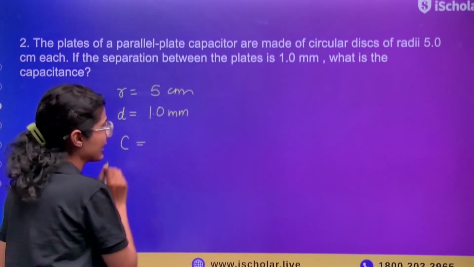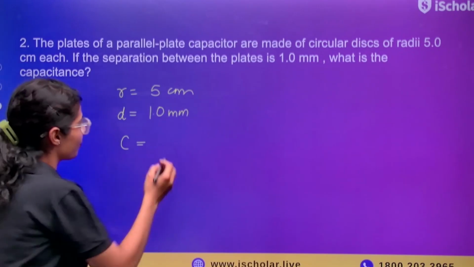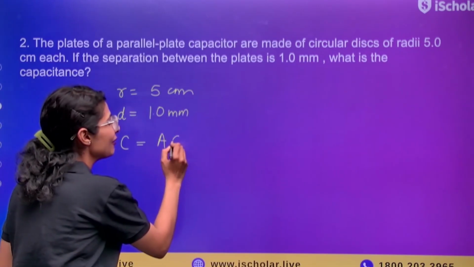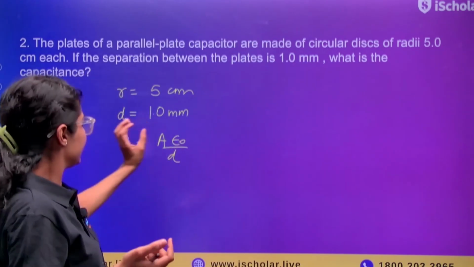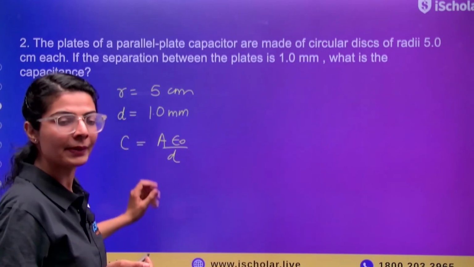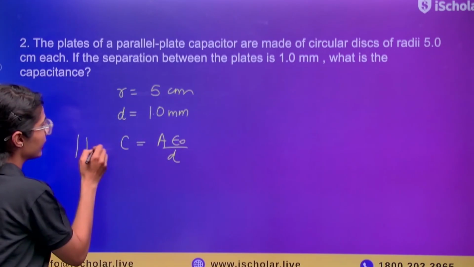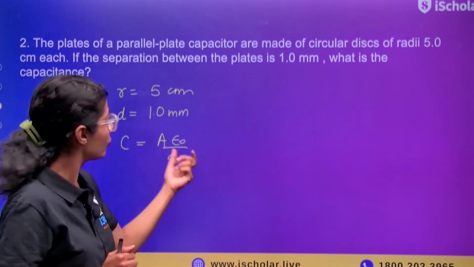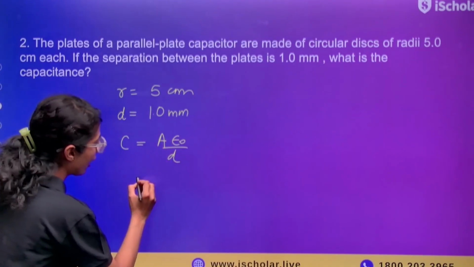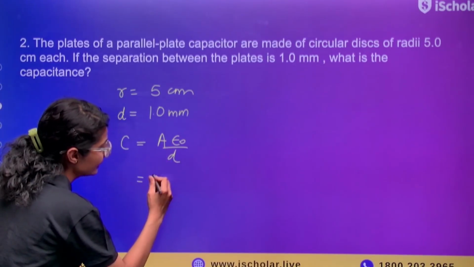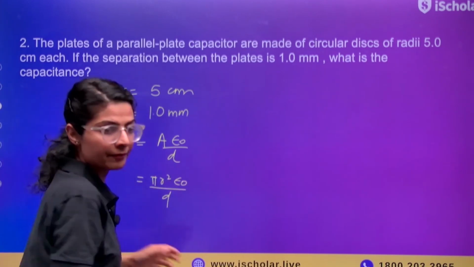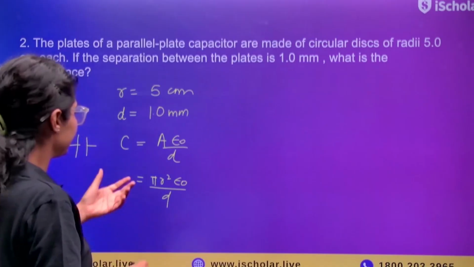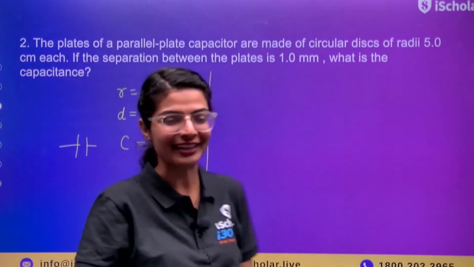We'll write the capacitance value. Again, a very simple formula based question, which is A epsilon naught by D. The capacitance for a parallel plate capacitor is given by A epsilon naught by D. What is A? The area, which is pi r square, into epsilon naught divided by D. Now, let me put all the values and calculate the answer.